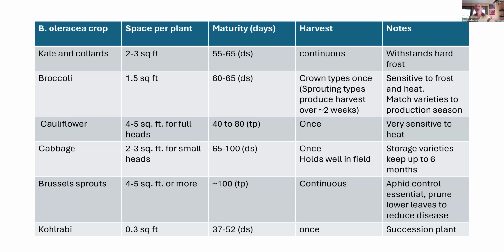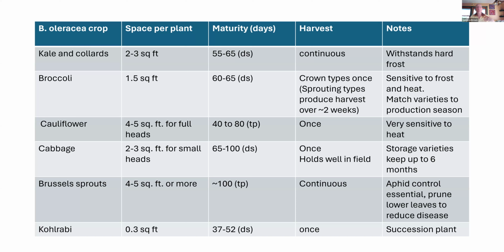So this means that you're looking at a single row in the bed, and you're looking at spacing the Brussels sprouts plants 2 to 3 feet apart. The further apart you can space your Brussels sprout plants, the better, because it makes it easier to control insects and diseases on these. And since they're in position for such a long time, that's really important.